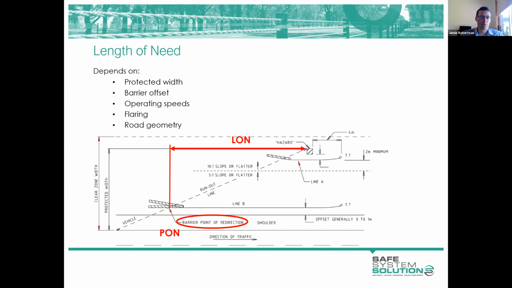It will provide a measurement from the start of the barrier to the point of redirection. And it does vary slightly between different products. So there might be one product that in a constrained situation you would prefer because it has a short gating section. Its point of need is closer to the very start of the barrier than its competitors.